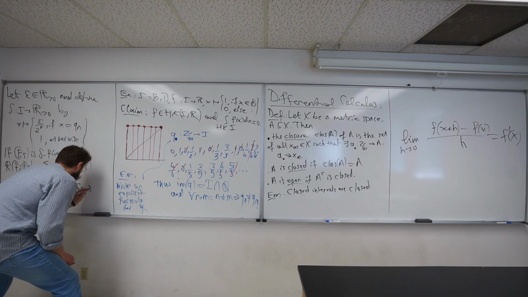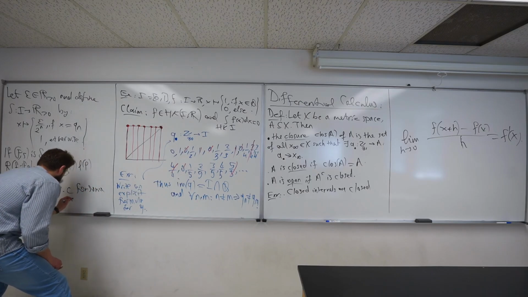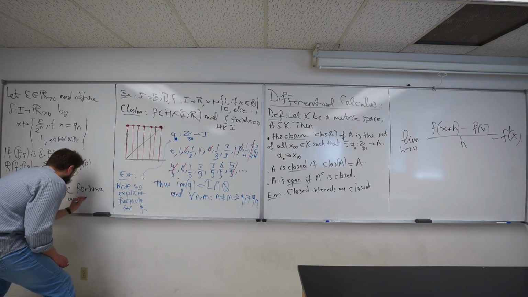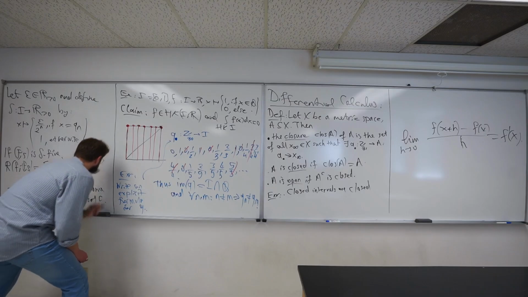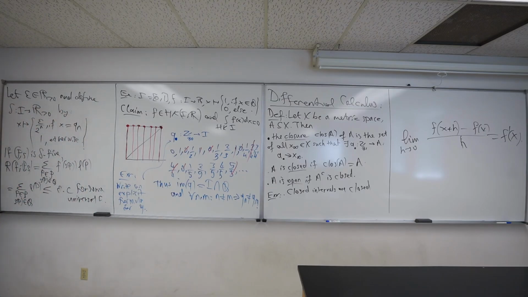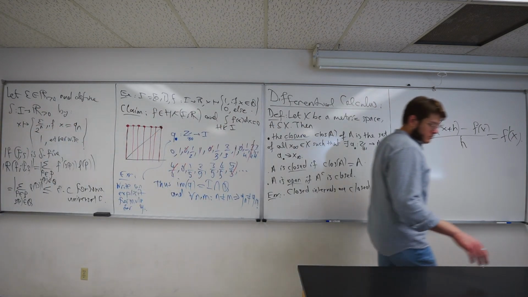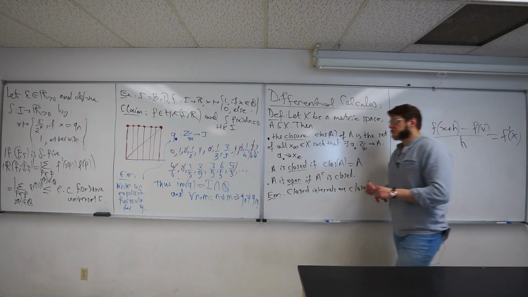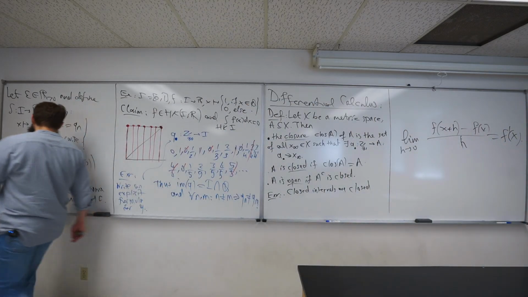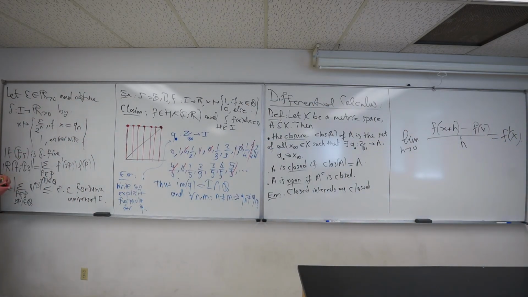For some universal C, is what people would say. In other words, Riemann sums are ultimately arbitrarily close to 0, and that's what it means for this guy to be HK integrable.